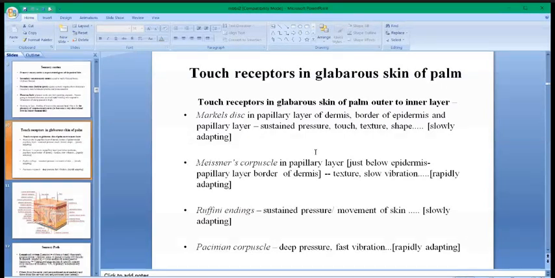That is the proof, right? In that way, by checking stereognosis, we can check the sensory system. So touch sensation, tactile localization, stereognosis, that are done to check the sensory system.